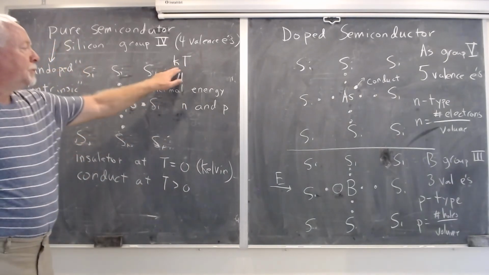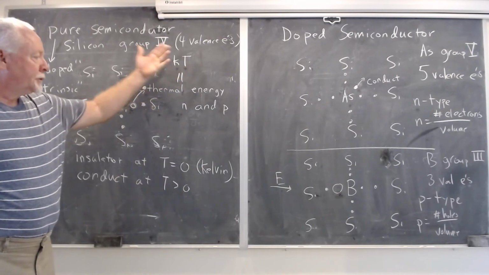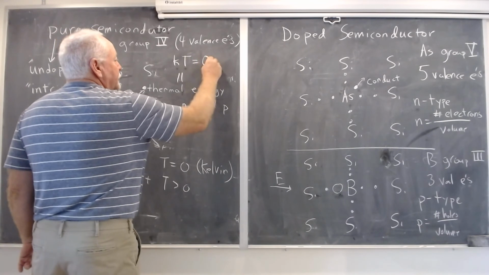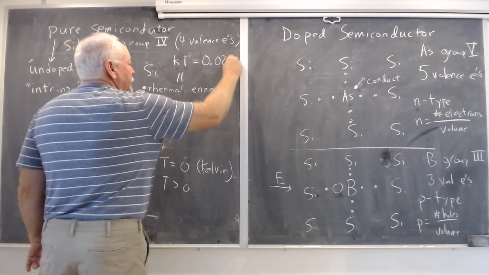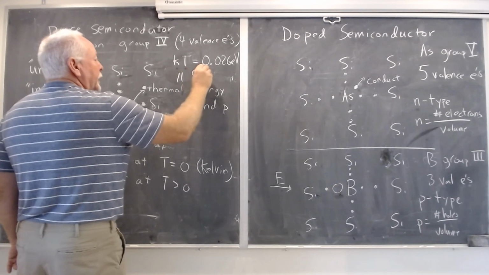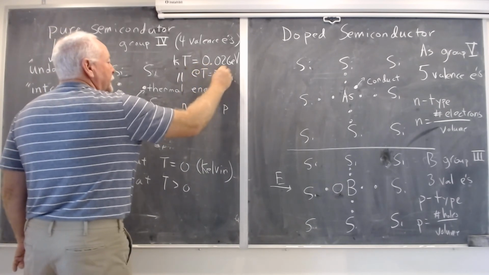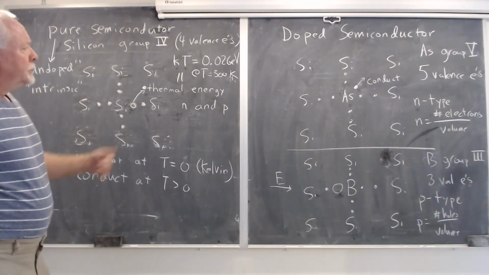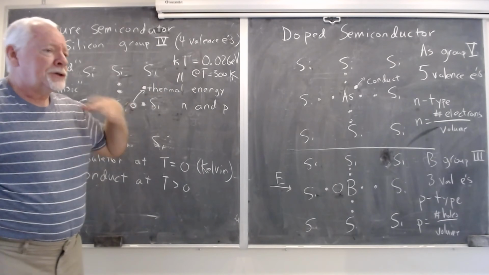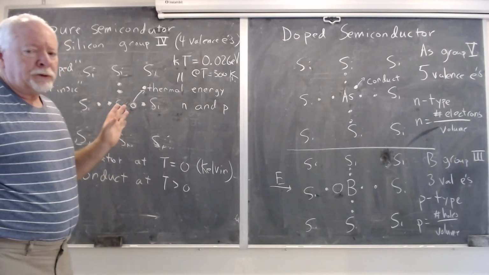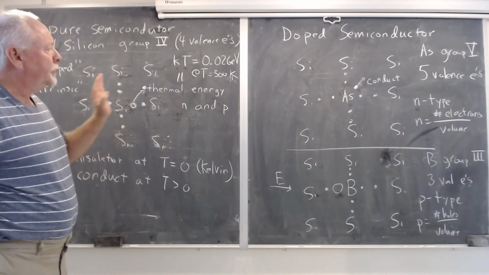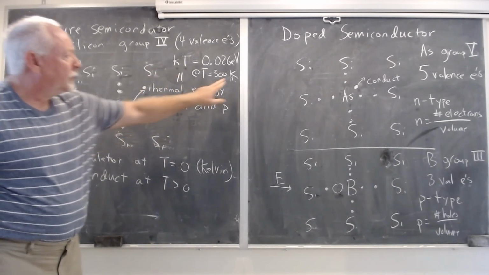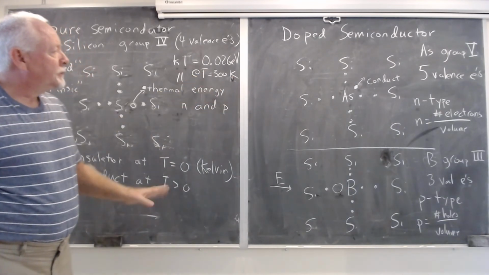Now here k is Boltzmann's constant, and T is the temperature in Kelvin, of course. And that's 0.026 electron volts at T equals 300 Kelvin. So the average thermal energy, and we talked about thermal energy in the context of Ohm's law a little bit yesterday, at room temperature, 300 Kelvin, is 0.026 electron volts.